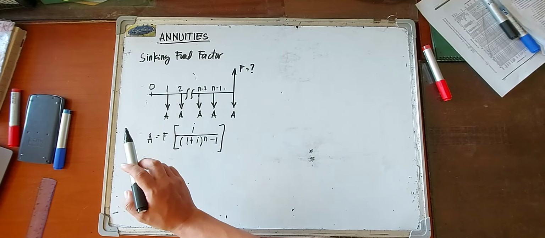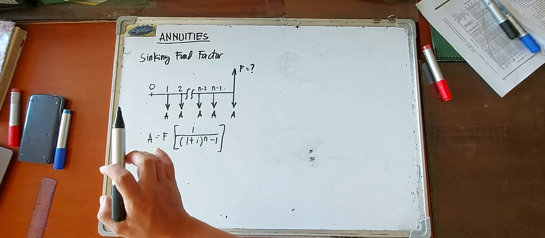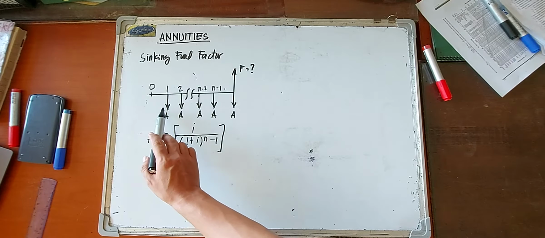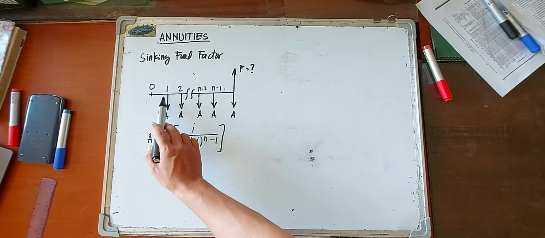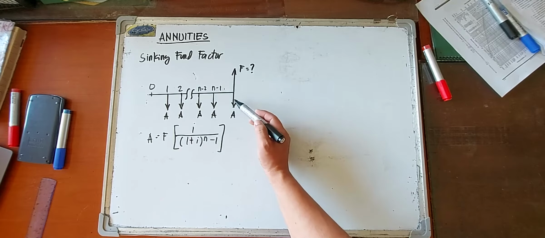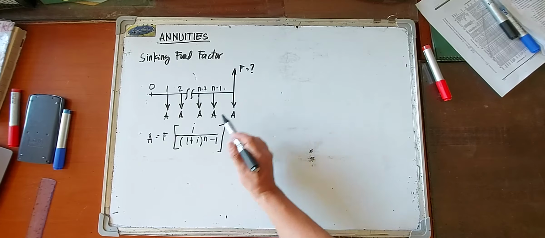So sinabi ko kanina, usually annuities or periodic payments are actually paid at the end of each period. So from 0 to 1, ito yung payment niya, 1 to 2, and then so on. So meron tayong annuity at the last. Okay, or may payment tayo at the last.